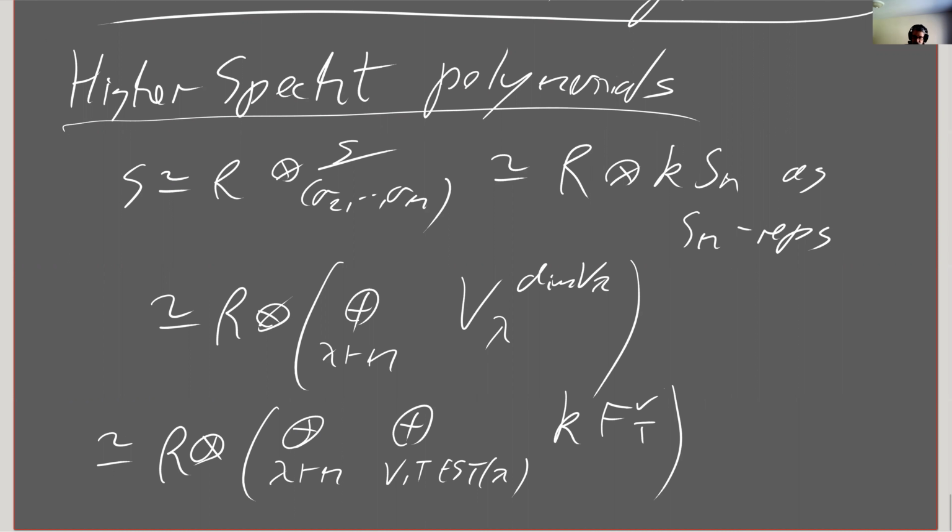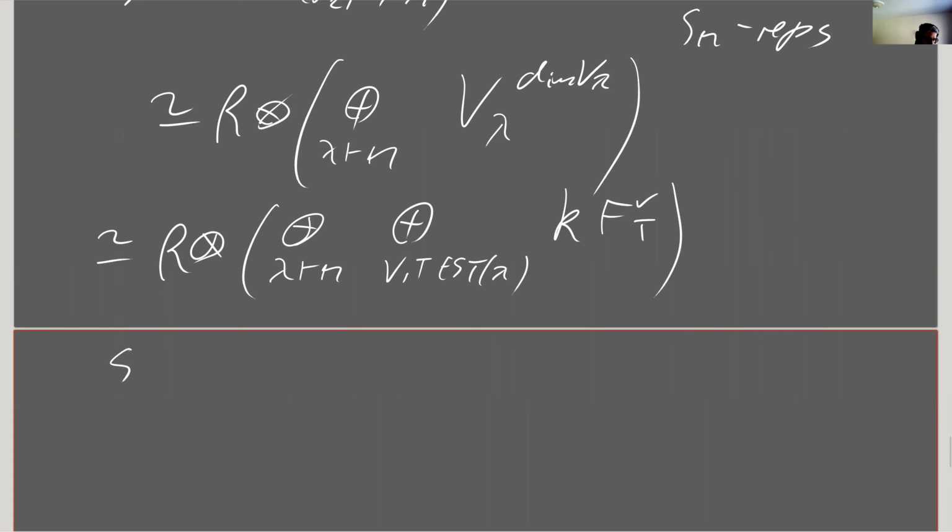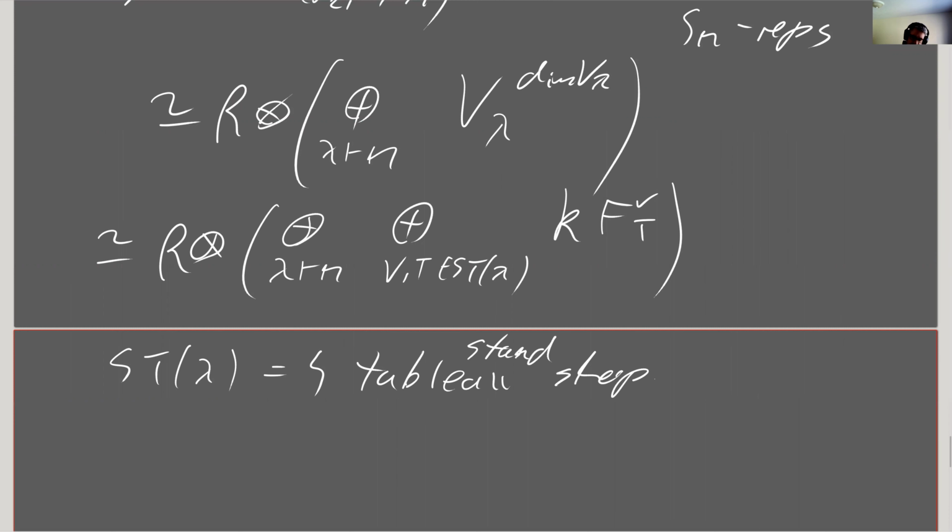Okay, so I have to introduce a little bit of notation here. ST lambda is going to be the set of all tableaux of shape lambda, standard tableaux of shape lambda.